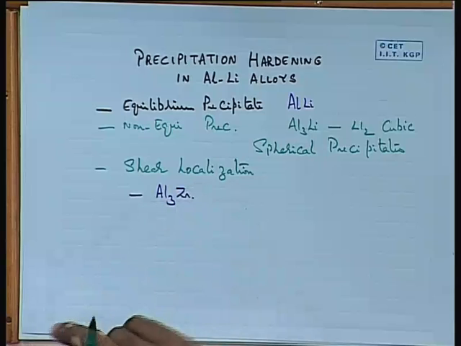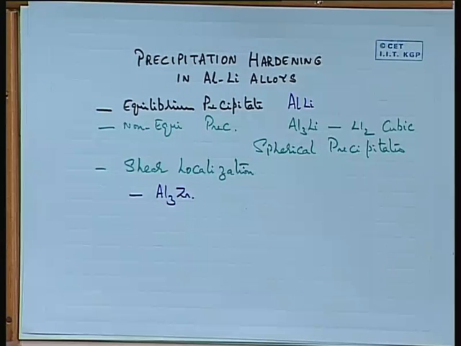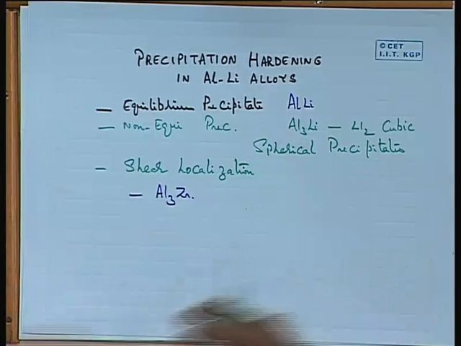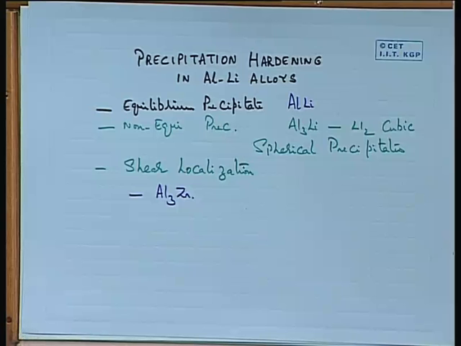For example, if you look at Al3Li, you have 3 atoms of aluminum and 1 atom of lithium. So you can easily imagine that in an FCC kind of arrangement, lithium will go to the corners of the unit cell, and the aluminum will occupy all the face centered positions, and that's the L12 structure.